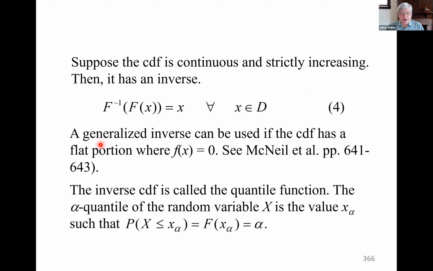Now you will be in trouble if your CDF has a flat portion. In that case, it will not have an inverse. But you can work with a so-called generalized inverse, and you can look this up in McNeil. I'm disregarding that.